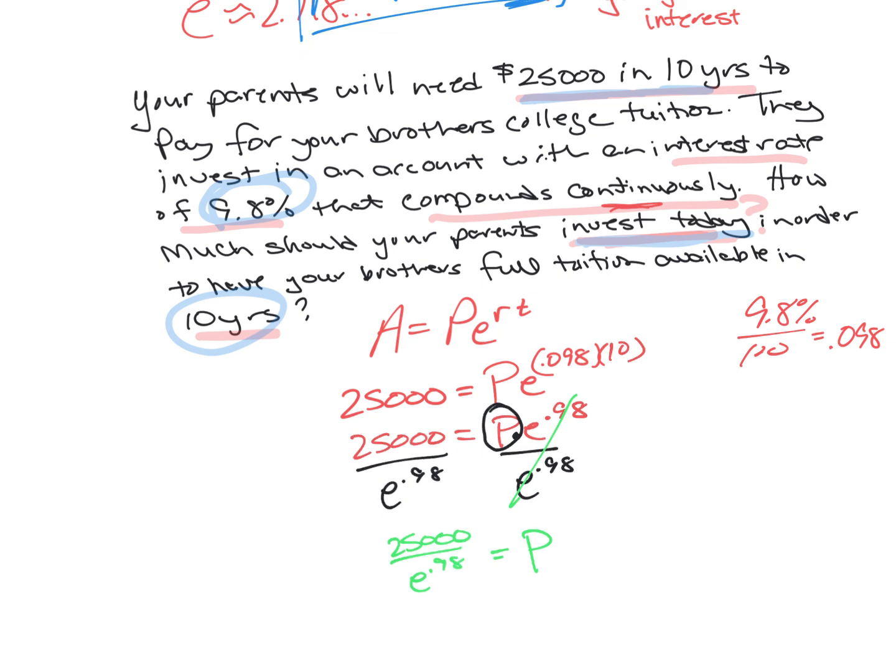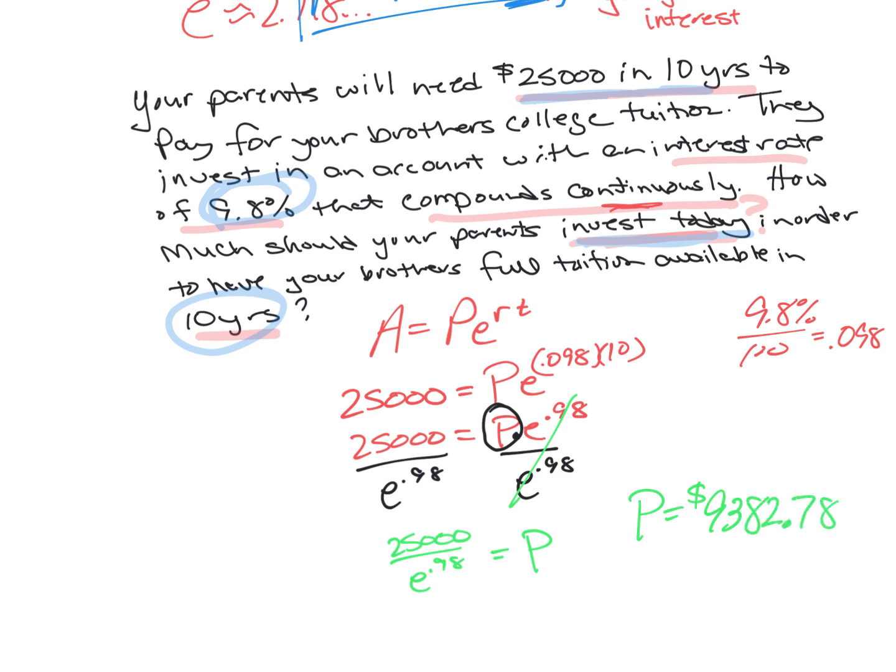So when you put that into your calculator, you're going to put 25,000 divided by, and you're going to hit second, and then you're going to see ln. It's right by the 4 because you'll see e to the power of x, right? So you're going to hit the second to turn the blue on, and then you're going to put 0.98 there. And what you're going to find is the principal will be $9,382.78.